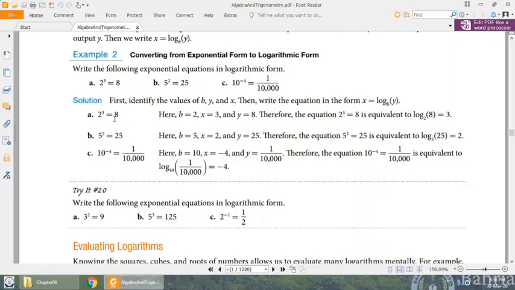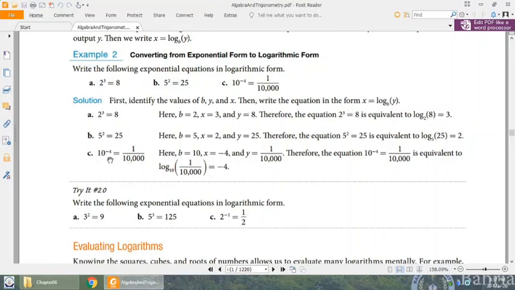So I have log to the base of 2 into 8 is equal to 3. Similarly, this is log to the base of 5 into 25 is equal to 2. And I told you that the power has to come on the other side. It's always on the right hand side.